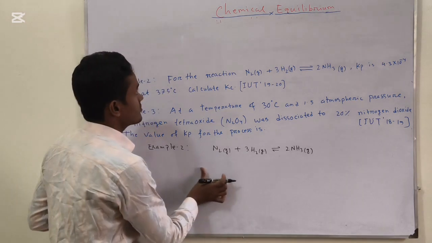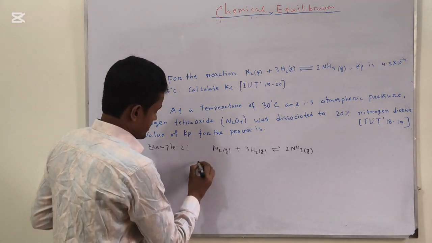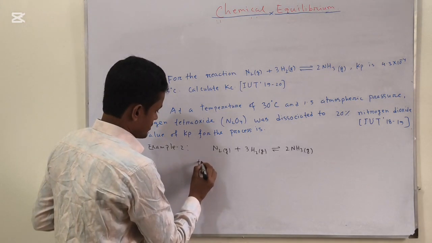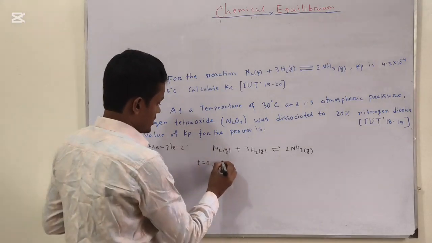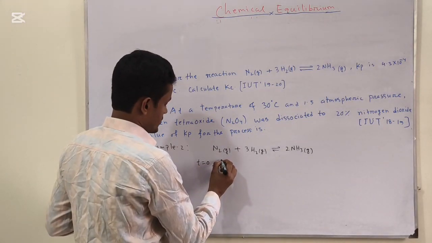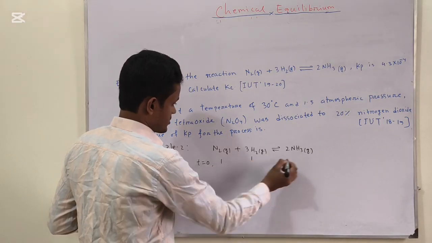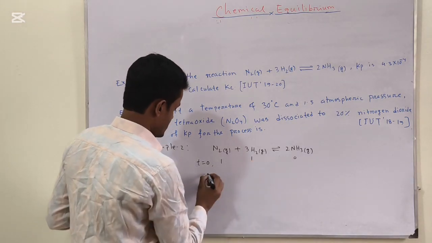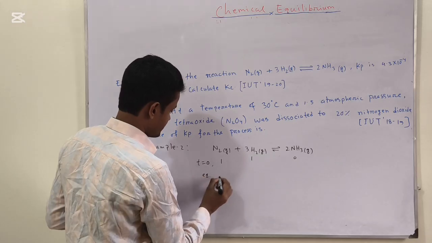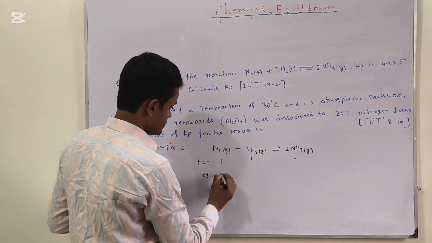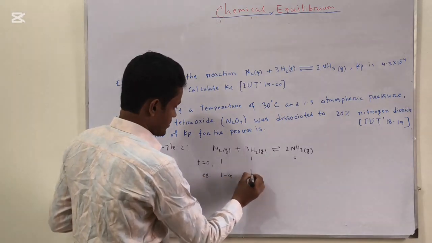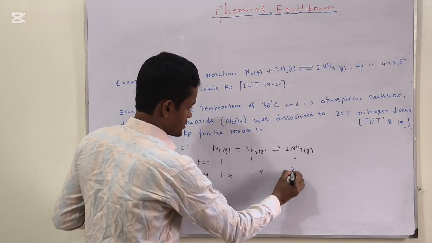So equilibrium: firstly at t equal to 0, then 1, 0, then at equilibrium 1 minus alpha, 2 alpha.